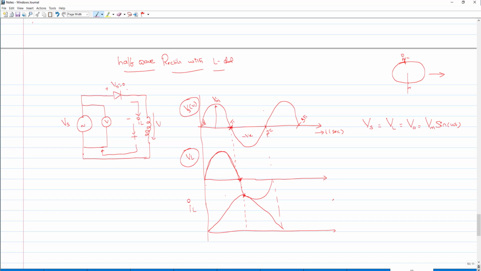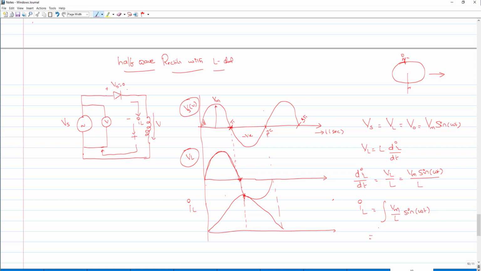Now if we want to find out the current waveform and its magnitude, we know that VL is equal to L dIL by dt. From this we want to find IL. dIL by dt is equal to VL by L, and VL is Vm sine omega t, so dIL by dt is Vm sine omega t divided by L. Now to find IL, IL is equal to the integral of Vm by L sine omega t.